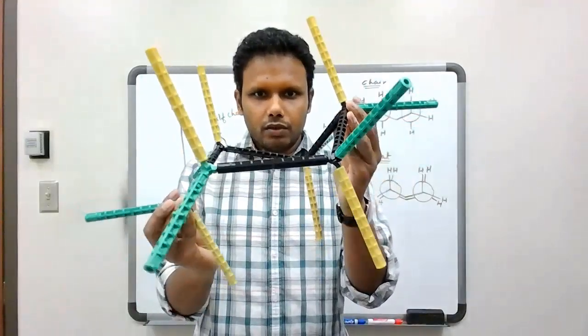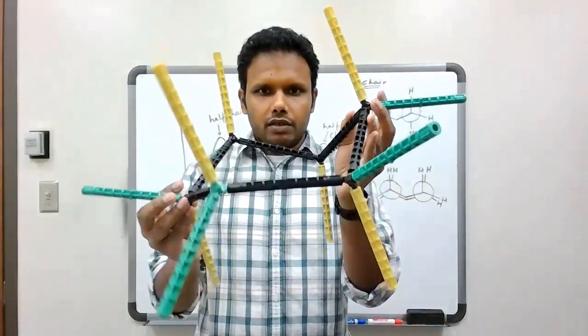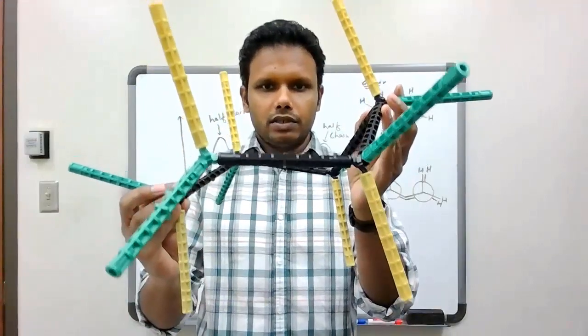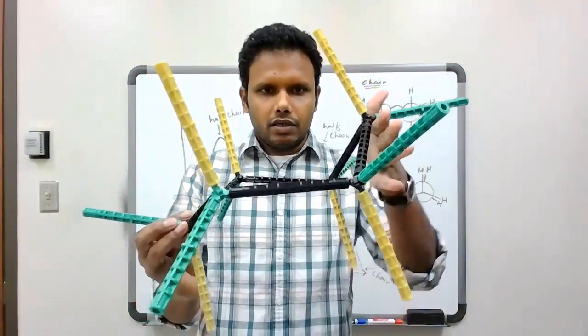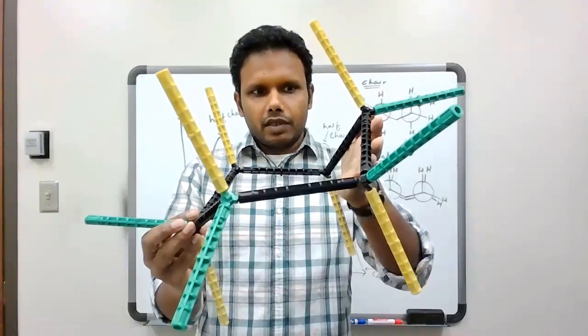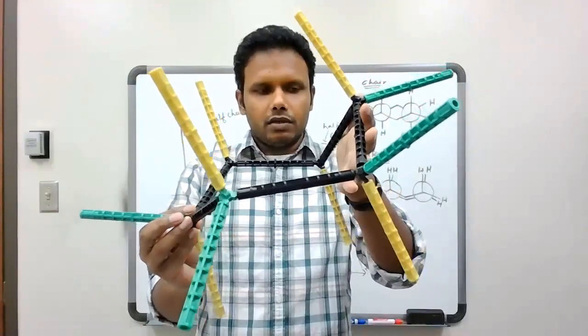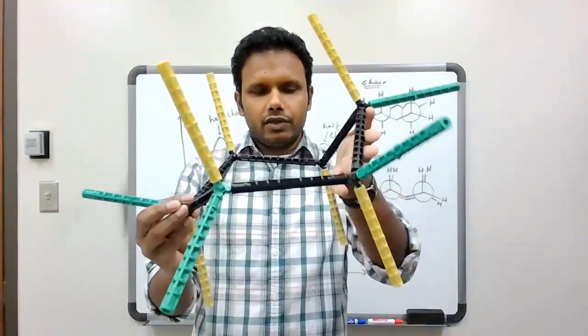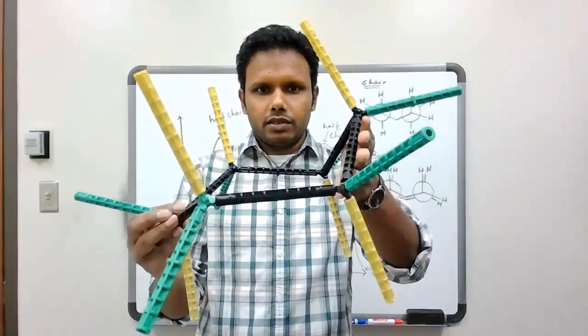It may look very weird, but what we're trying to imagine here is that there is a headrest sort of thing. So imagine a chair, a lawn chair, something like that, where you have a headrest.